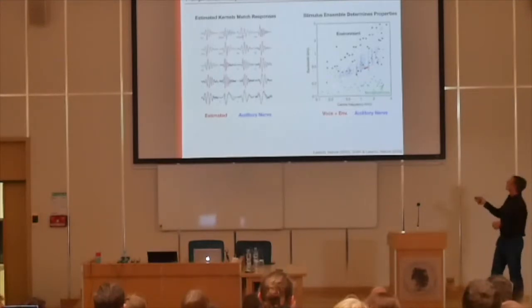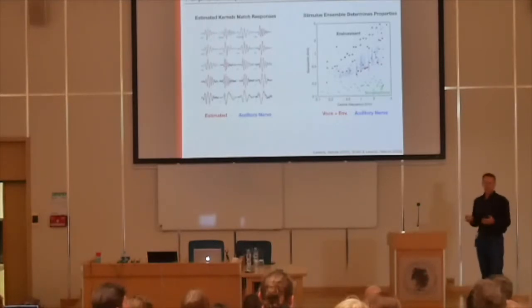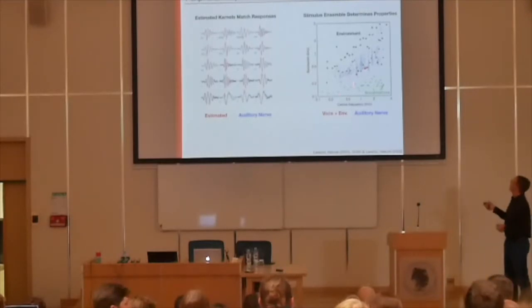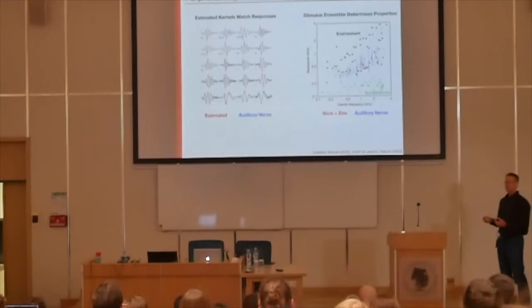And you see, if you have vocalizations, then the vocalizations are kind of narrow band. If you have just environmental sounds, then the environmental sounds have a higher bandwidth. But if you compare the middle range here, so these are vocalizations together with environmental sounds, which arguably is actually what we are exposed to on a daily level, then you see that the estimated filters very nicely trace the underlying data set here, the blue dots, which are the real filters.